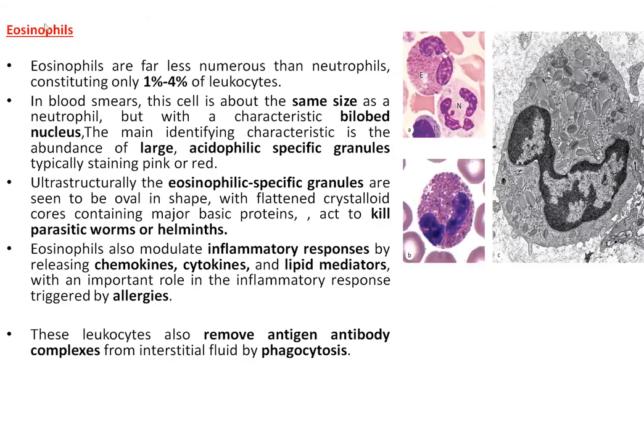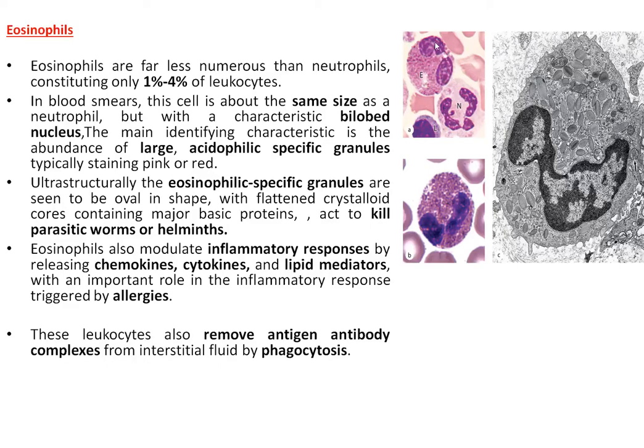The second cell is eosinophil. Eosinophils are far less numerous than neutrophils, consisting of 1 to 4% of leukocytes. This cell is 12 to 15 micrometers in diameter, the same size as neutrophil, while here the nucleus is bilobed, not multilobulated like neutrophil.